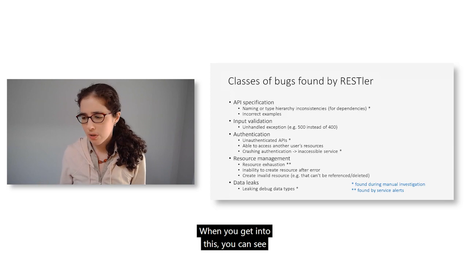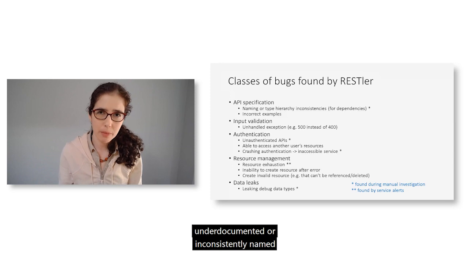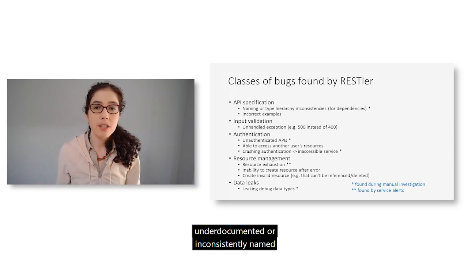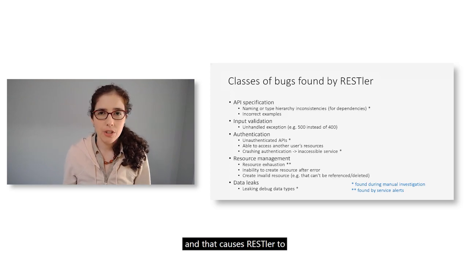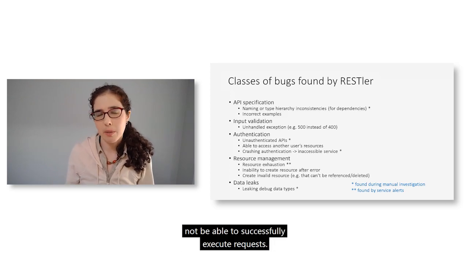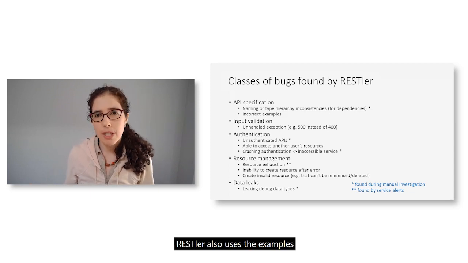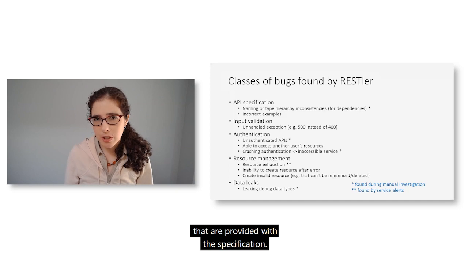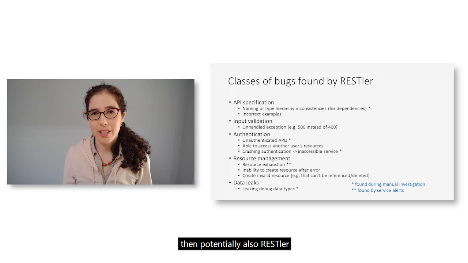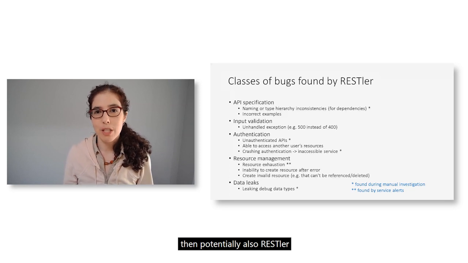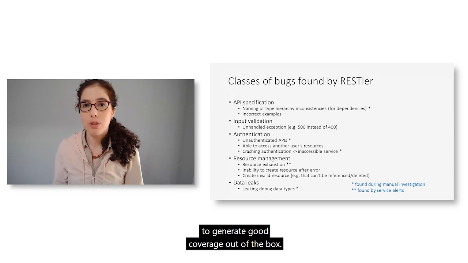So when you get into this, you can see that in some cases the specification has under-documented or inconsistently named some of the parameters, and that causes RESTler to not be able to successfully execute requests. RESTler also uses the examples that are provided with the specification, and if these are out of date with the service, then potentially also RESTler with examples will not be able to generate good coverage out of the box.